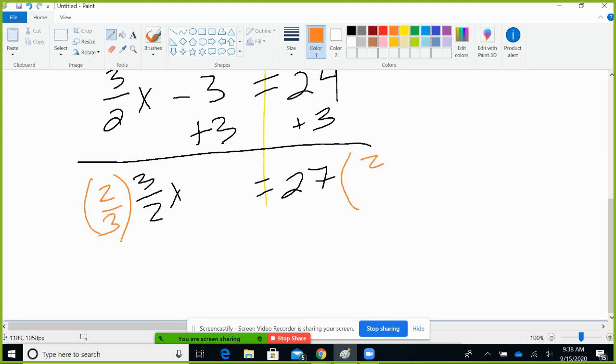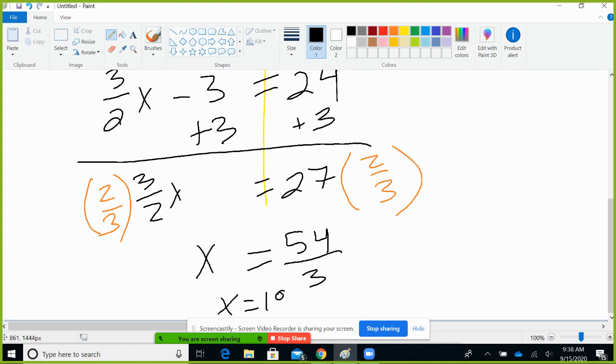So I multiply it by 2 over 3. And what I'm left with is x equals 27 times 2 would be 54, 54 divided by 3. And 54 divided by 3 is 18.